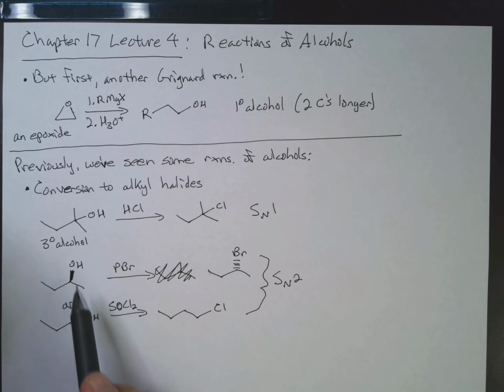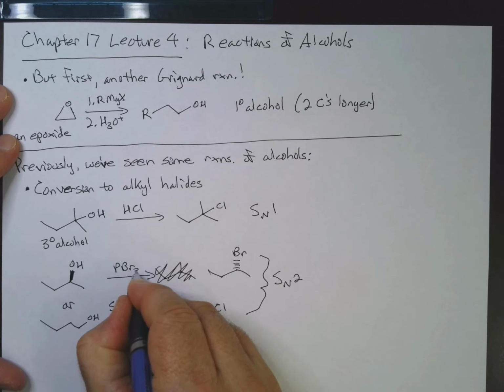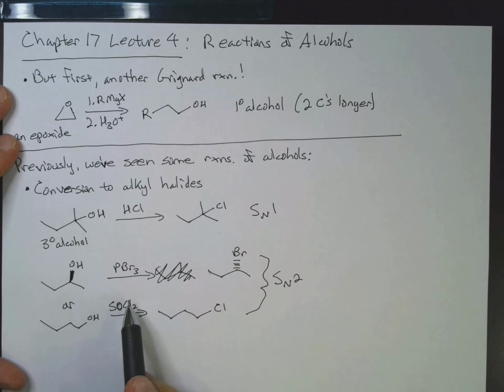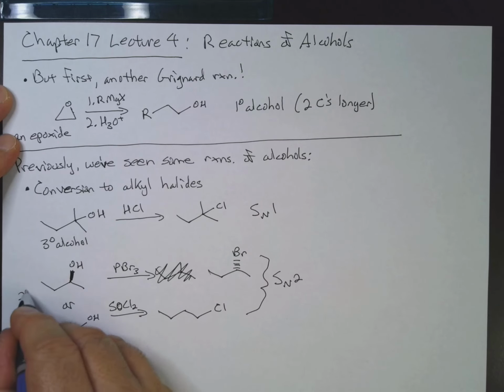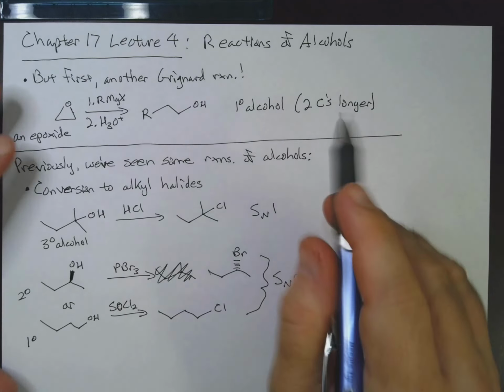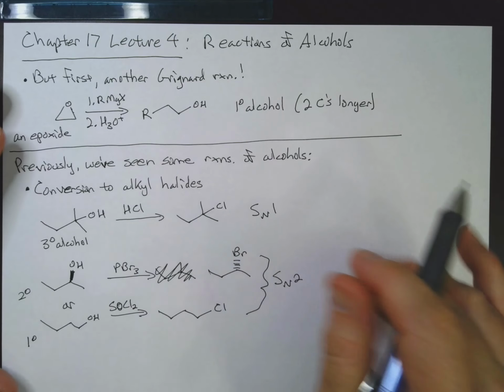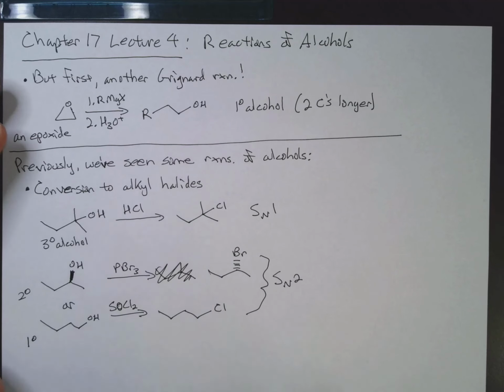PBr3 will replace the OH with the bromine. And SOCl2 will replace the OH with the chloride. And either of these reactants work on secondary or primary. So depending on what type of alcohol you have, you'd have to use a different technique to turn it into an alkyl halide.